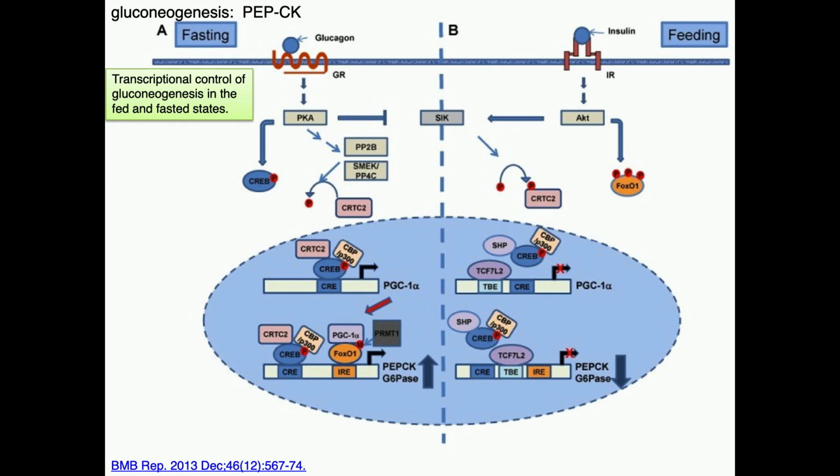Okay, so this cartoon is showing the regulation of the phosphoenolpyruvate carboxykinase gene and the glucose-6-phosphatase gene and the fructose 1,6-bisphosphatase gene. They're all transcriptionally regulated in a similar way. And then this PGC1 alpha, that's that little extra transcription factor that helps to amplify the sequence.